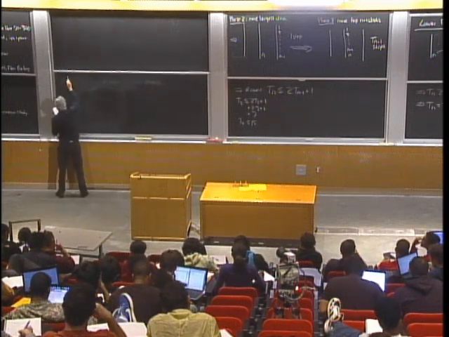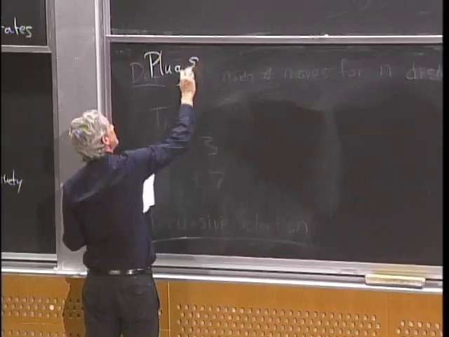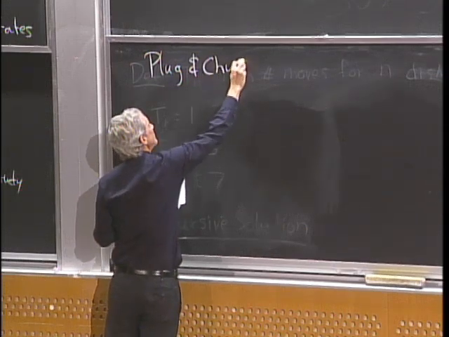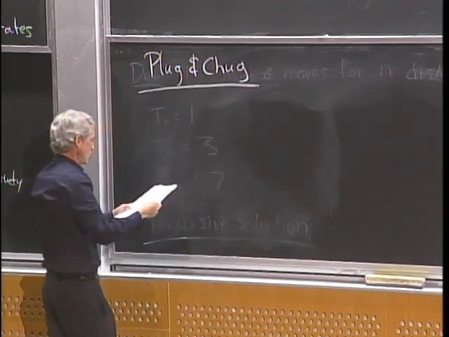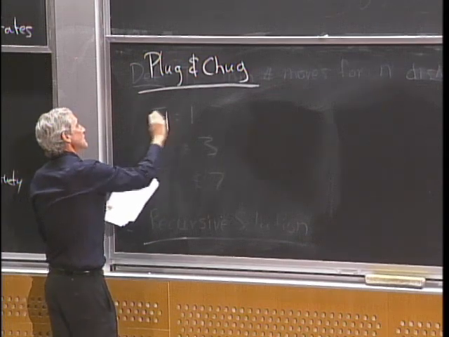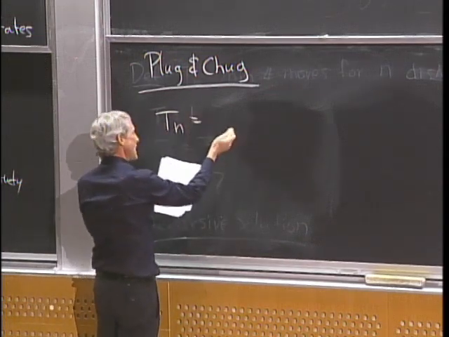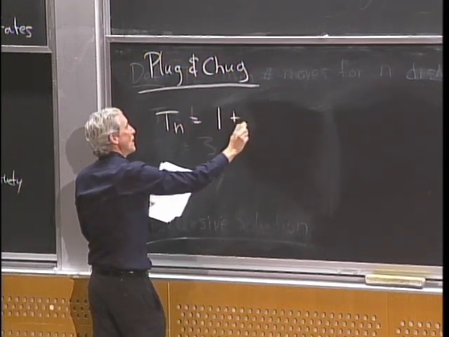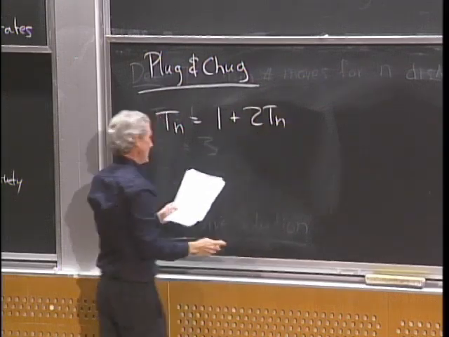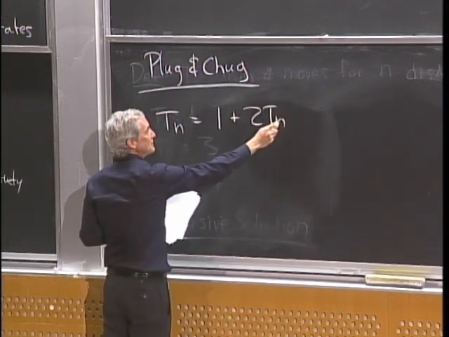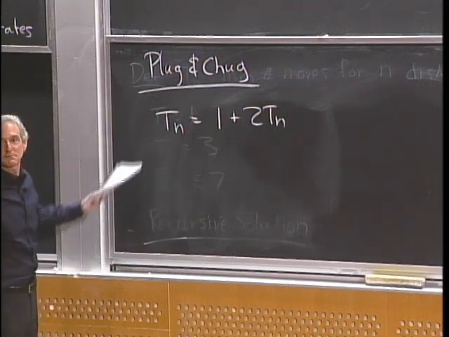Okay, so plug and chug. And so we'll solve the same recurrence. So we've got T(n) equals, and I'm going to write it just reversed, 1 plus 2T(n-1), because I'm going to expand out the recurrent term. That's why it's called expansion also.